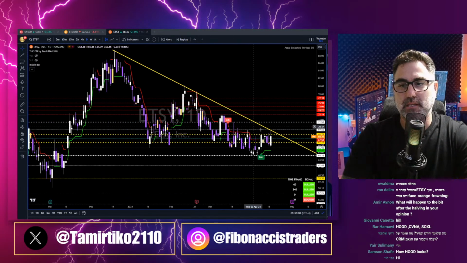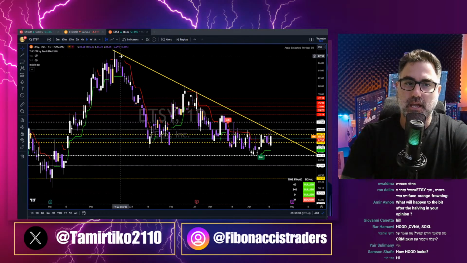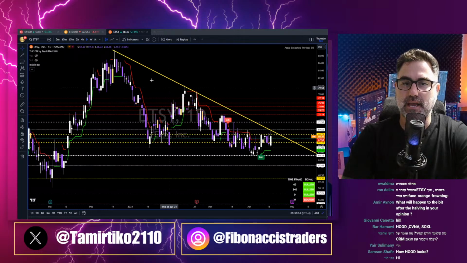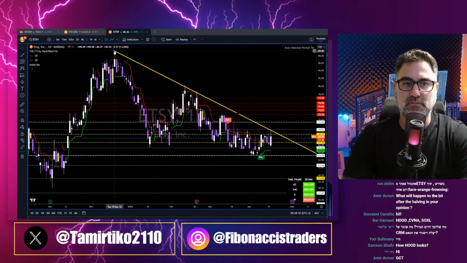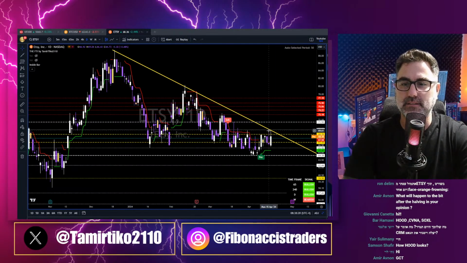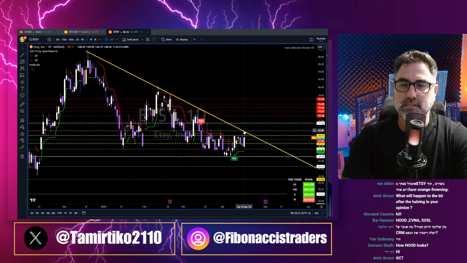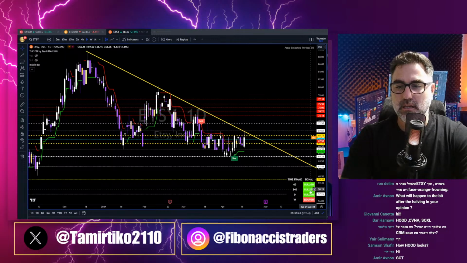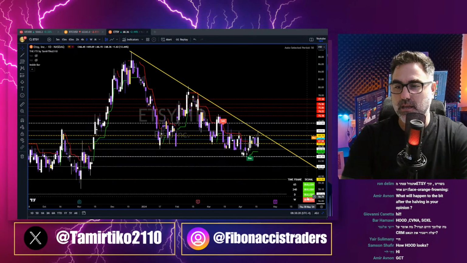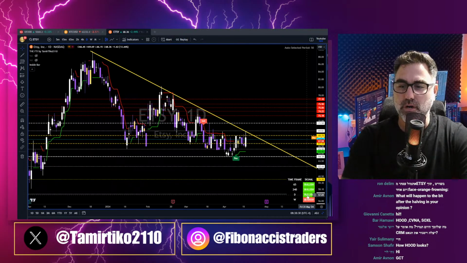Etsy. This is Etsy. Etsy struggles with this yellow trend line. This yellow trend line goes way back to end of December of 2023, 4 months of a downtrend. Now let's see, can Etsy... You went short on Etsy when basically most of the time frames are bullish.